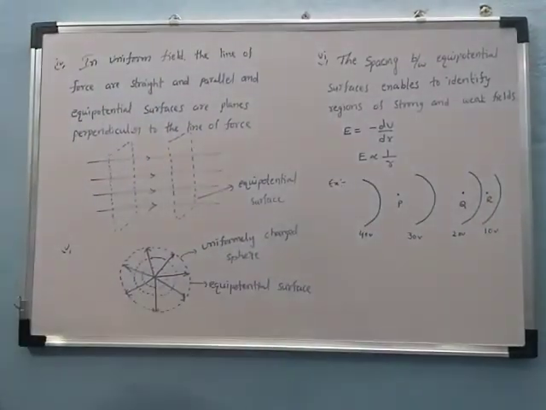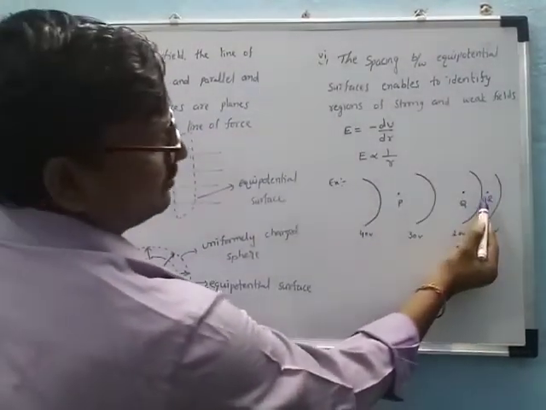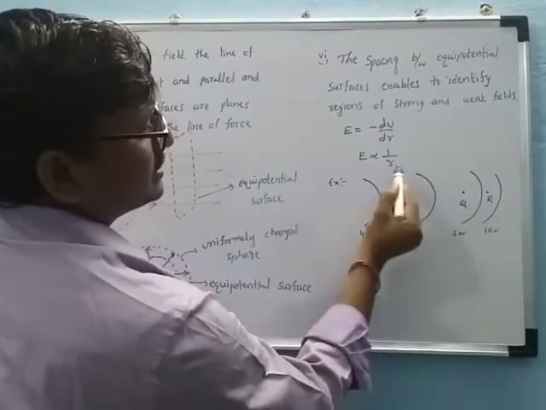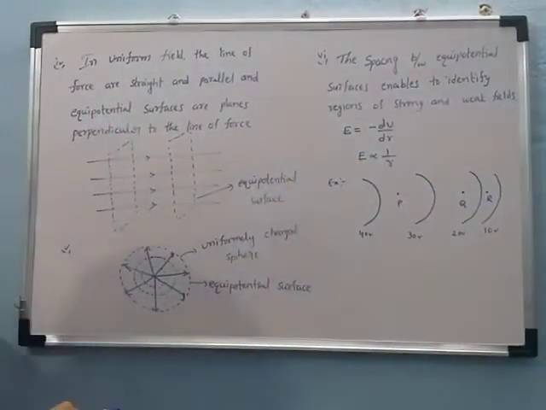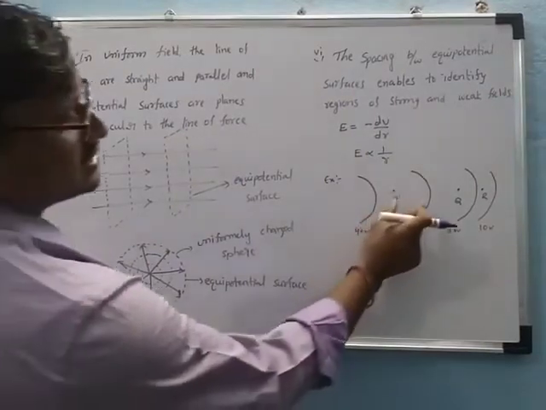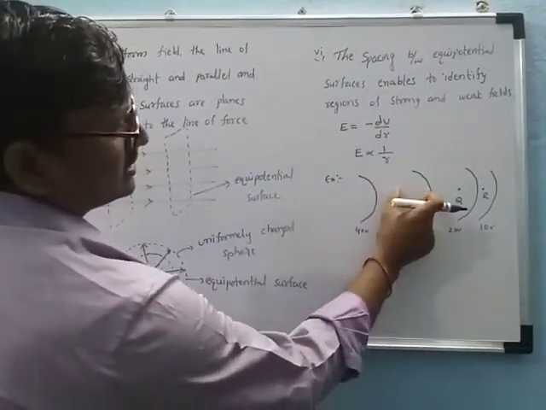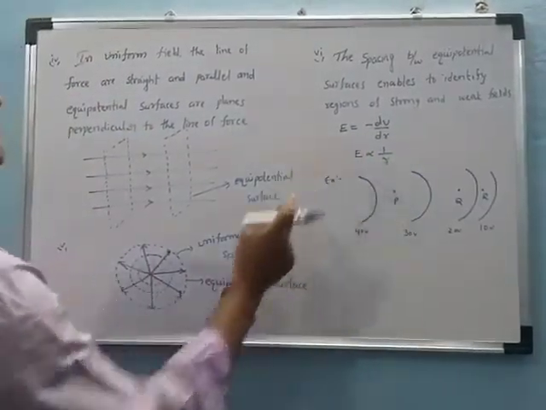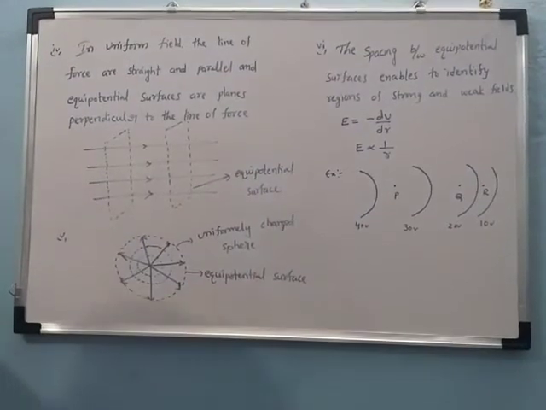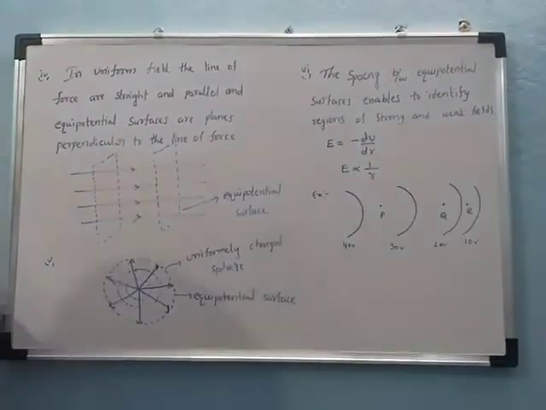Wherever the potential is less, the distance is very small. When the distance decreases, the electric field increases; when the distance increases, the electric field decreases, because they are inversely proportional.